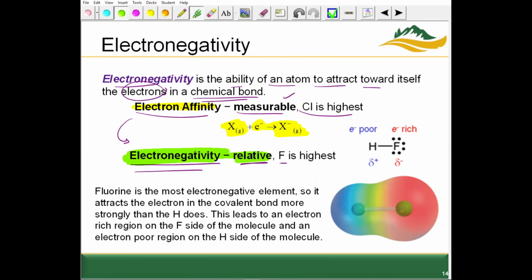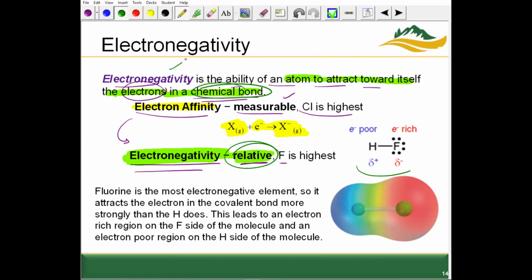And again, electron affinity is adding on an electron to a neutral atom to form that anion. When we're thinking about electronegativity, though, we're thinking about the relative ability for an atom to attract electrons towards itself within a chemical bond. So we think of this in a relative way, for example, because we can compare hydrogen and fluorine that are within and sharing a chemical bond.